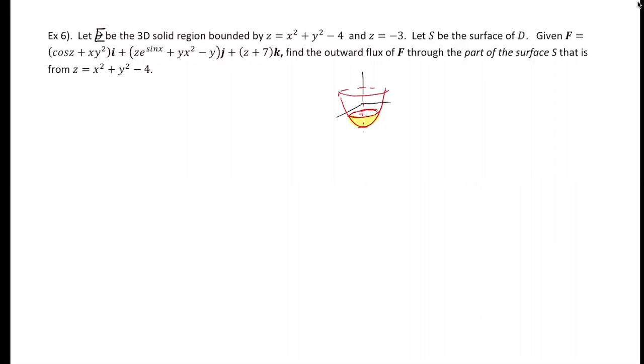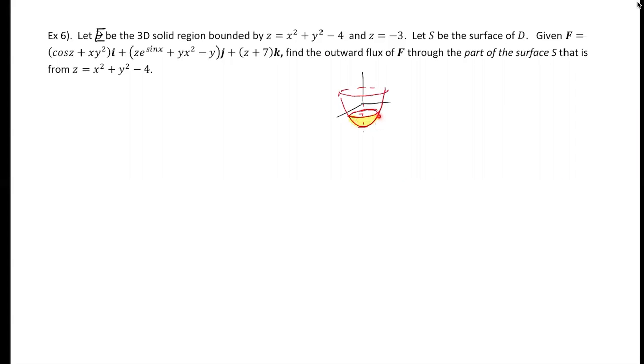So one option is I could do a surface integral over that bowl. But if you notice, my integrand already looks really crazy, so it's likely I'm going to get a super messy surface integral. And right now, I can't use the divergence theorem as it is because this is not a closed region. I could close it though, and that's going to be the trick here.